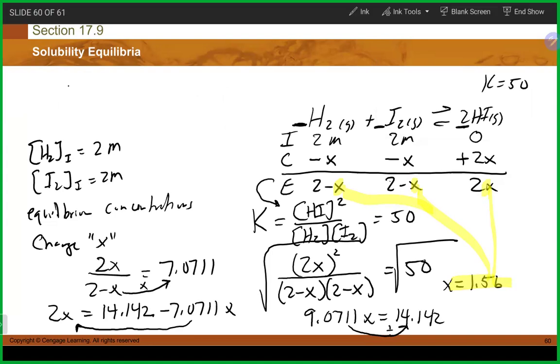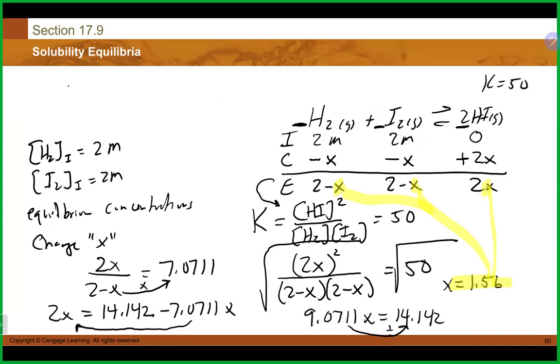So if I now want to know what the concentration of H2 is at equilibrium, I can see from the table it is 2 minus x, which in my case would be 2 minus 1.56 molar. That will give me a concentration for this guy at equilibrium of 0.44 molar. I could do the same thing for my I2 at equilibrium.